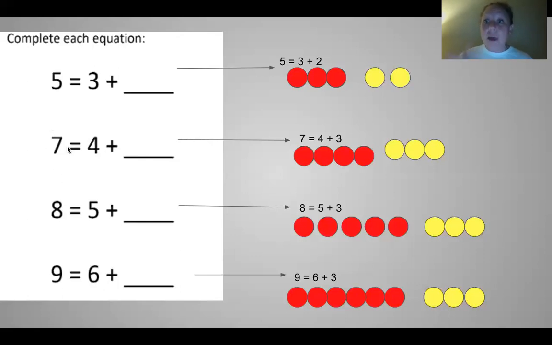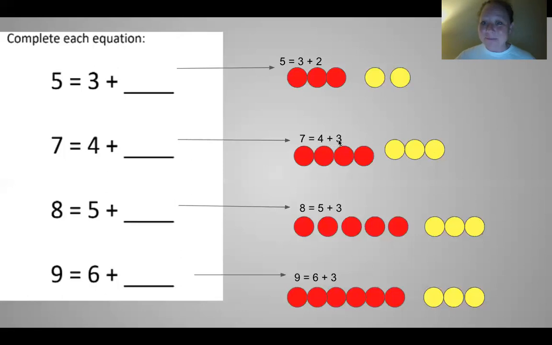And I'm going to count on until I get to 7. 4, 5, 6, 7. How many more counters did I need to add to 4 to get to 7? That's right. I needed to add 3 more counters. Read the equation with me. 7 equals 4 plus 3.